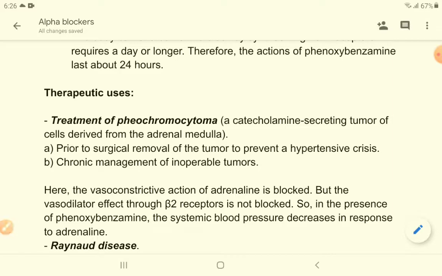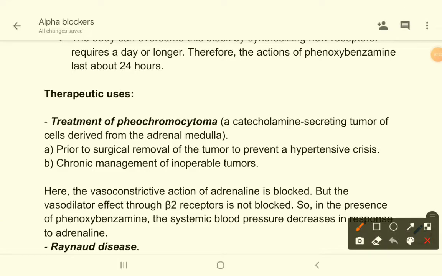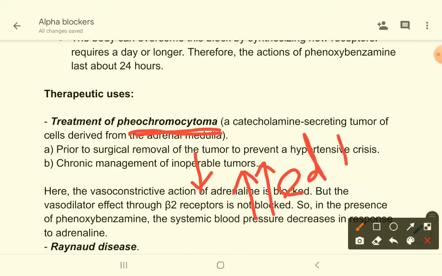What does phenoxybenzamine do in case of pheochromocytoma? This pheochromocytoma is releasing excessive amounts of epinephrine and norepinephrine, which leads to highly increased blood pressure. Now phenoxybenzamine is a non-selective alpha blocker.